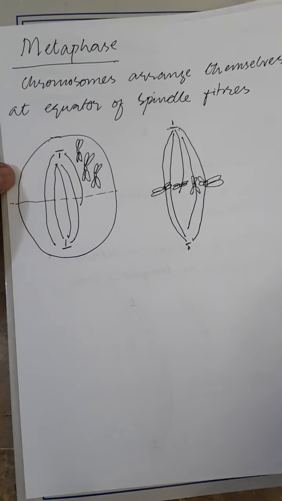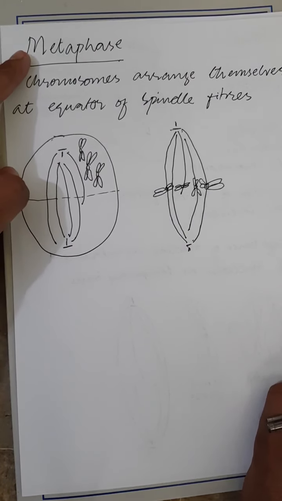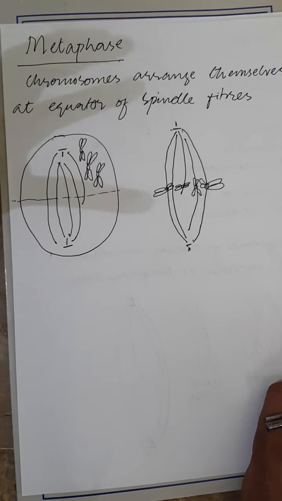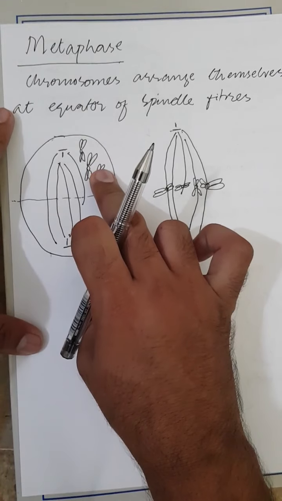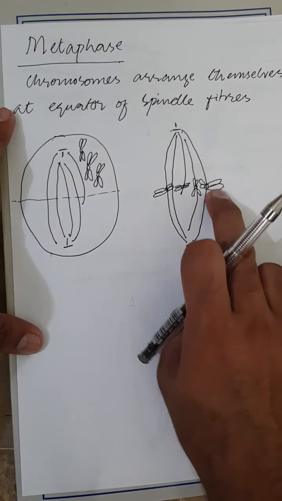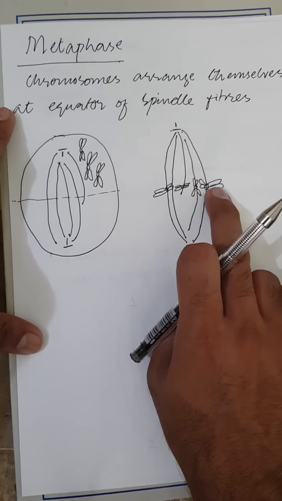You can call this metaphase, and this is the very first thing that will happen: all these chromosomes arrange themselves at the equator of this spindle fiber.